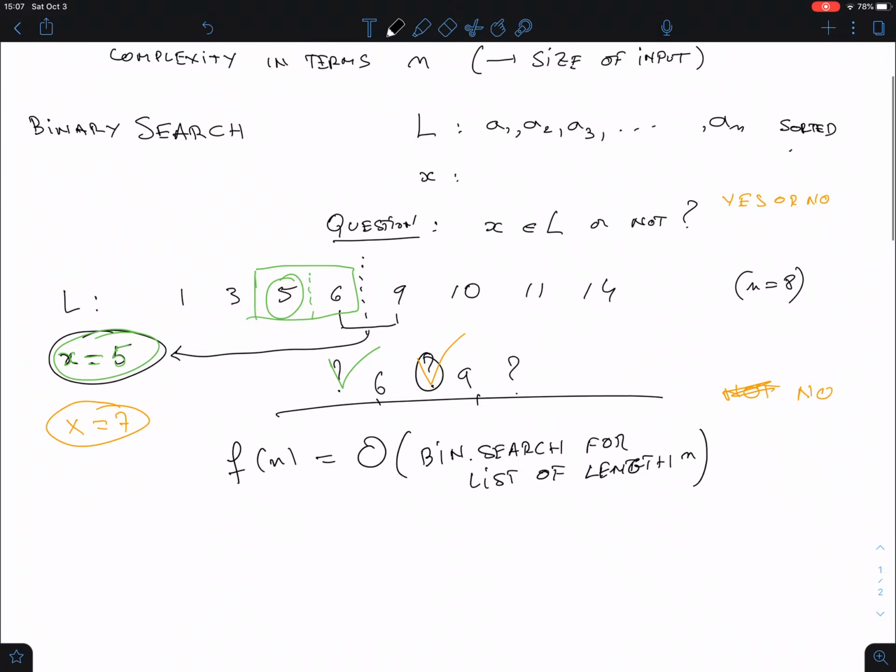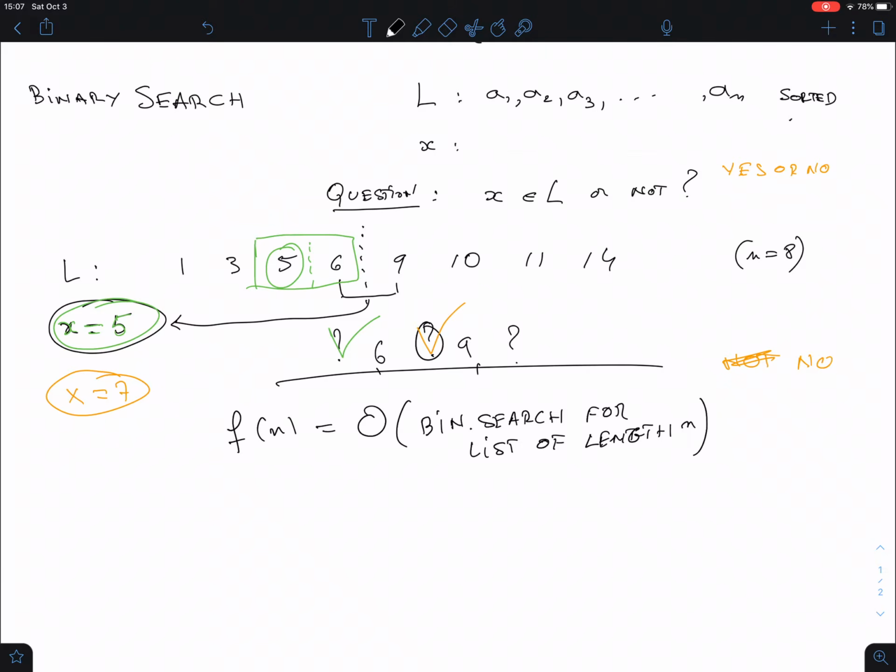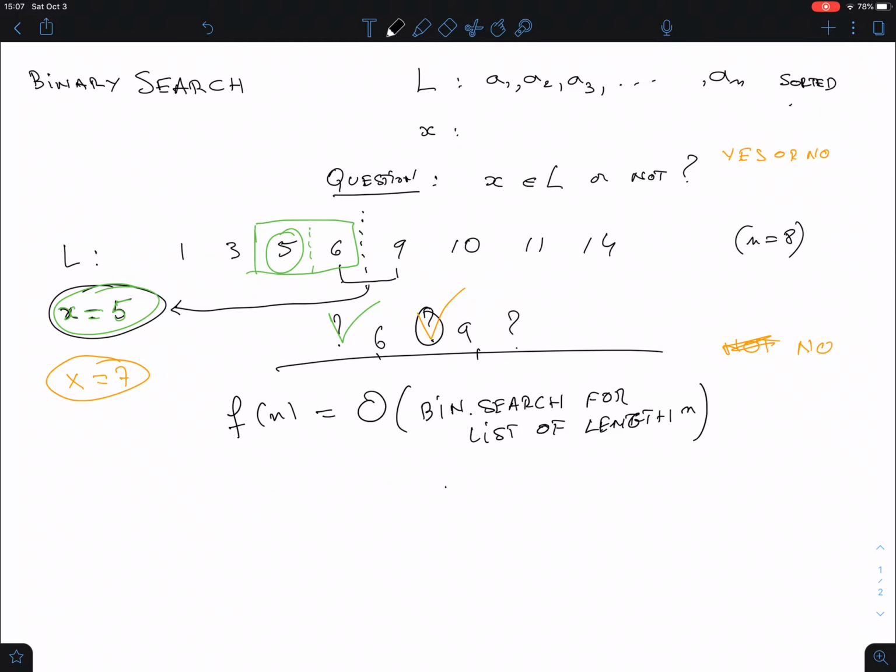Now, okay, what do we realize? Well, first of all, the problem divides the list in two. So we actually are solving the problem now over lists of size n over 2. How many of those lists do we have? Well, we have this list, 1, 2. So we have two lists of that size.